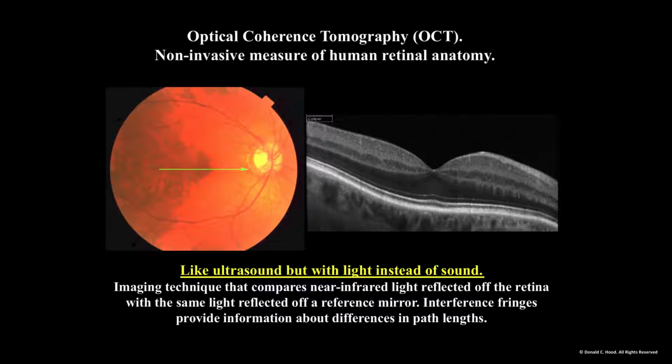And just like you can pick up a small lump in the breast with ultrasound because of the way the sound is reflected, you can pick up small structures in the retina because of the way light is scattered or reflected. Because light has a shorter wavelength, the resolution of the OCT is far better than ultrasound, and it's of the order of 5 to 10 microns.